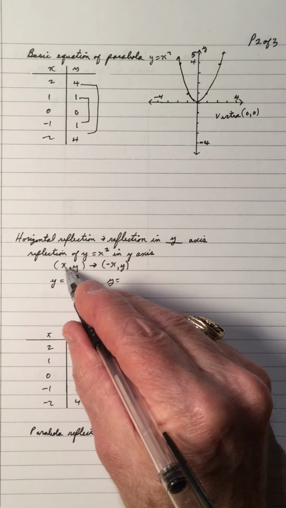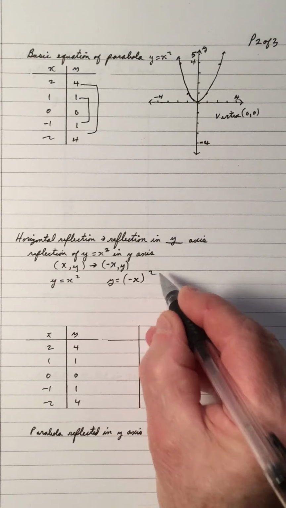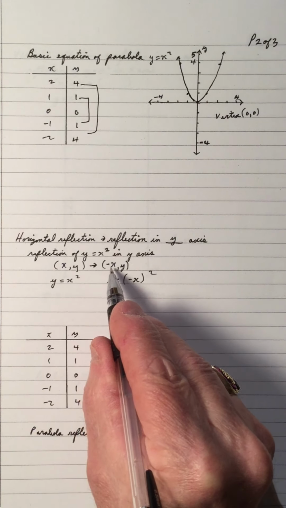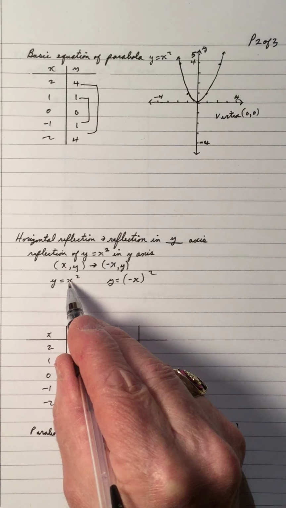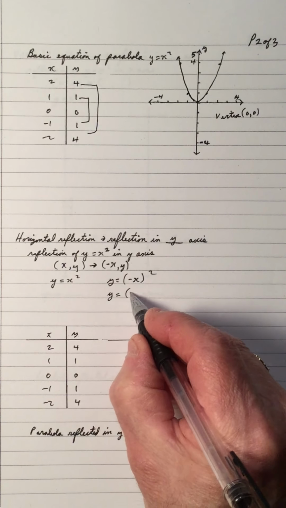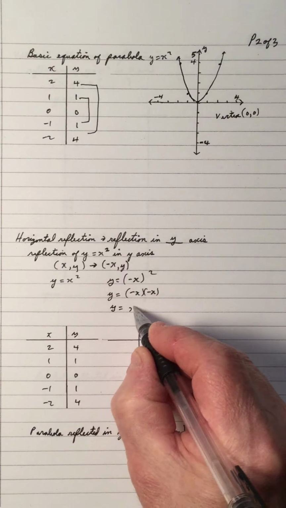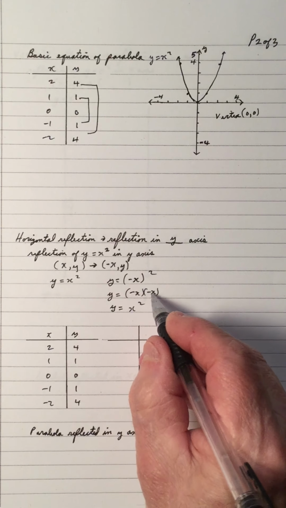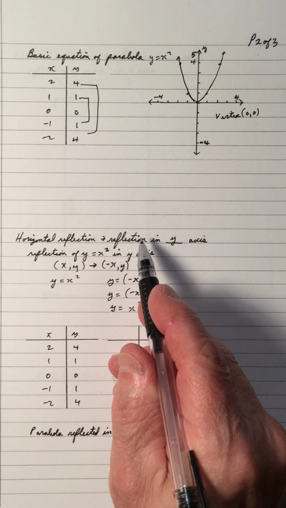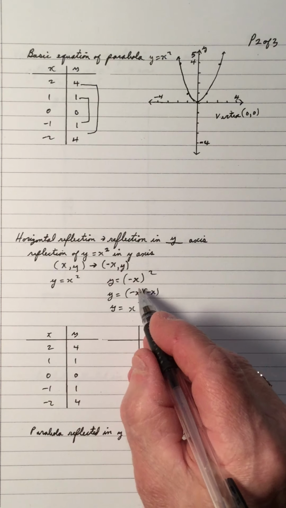So the mapping notation says x comma y is mapped to negative x, y. So the x becomes a negative x. That makes it a negative x times a negative x when you square it. So we get negative x times negative x is x squared. So when we reflect the parabola in the y-axis, we get the same equation because of the squaring.